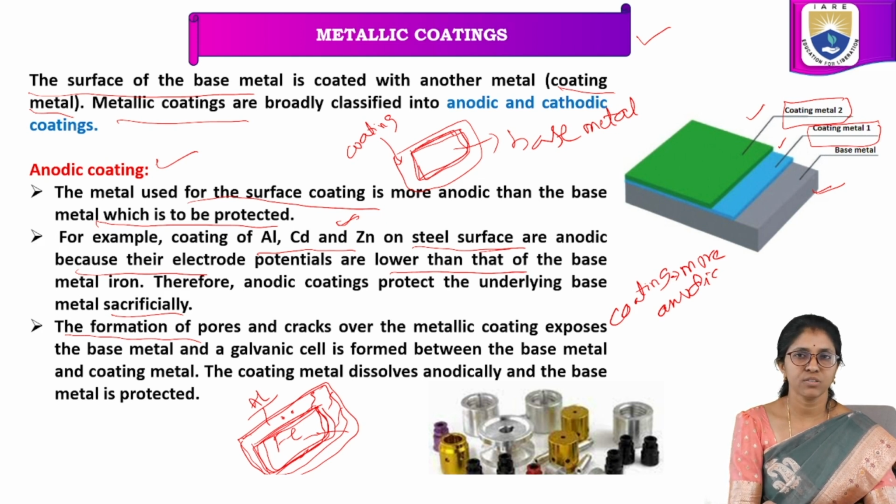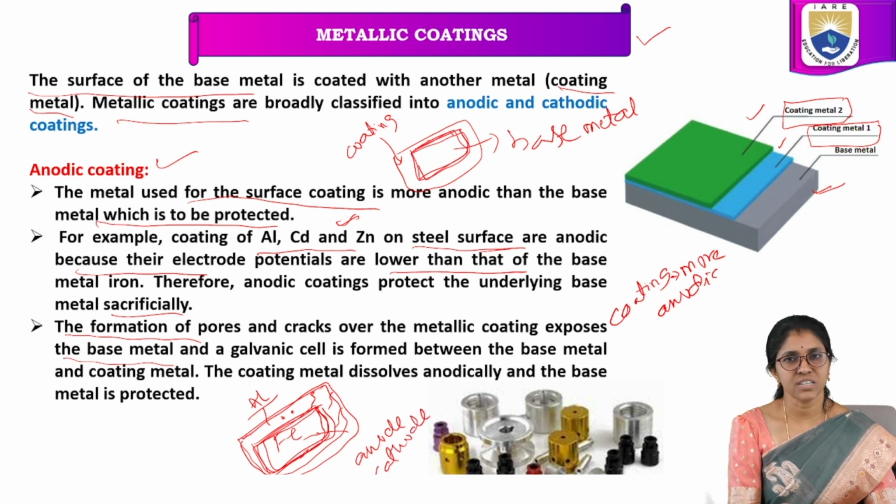When pores and cracks form over the metallic coating and expose the base metal to the atmosphere, a galvanic cell is formed, which means an anode and cathode will form.